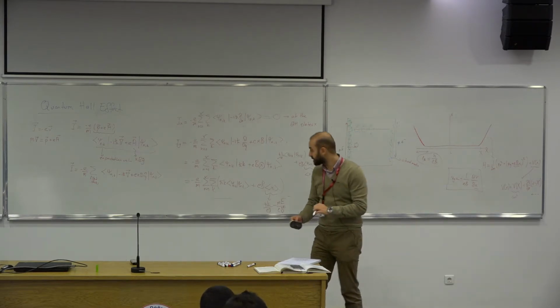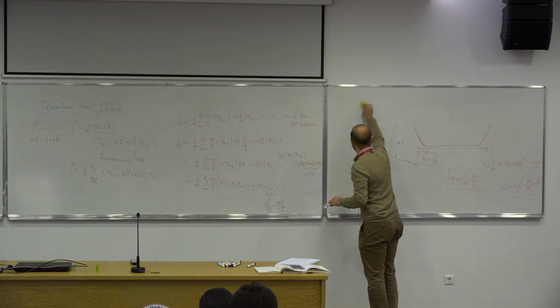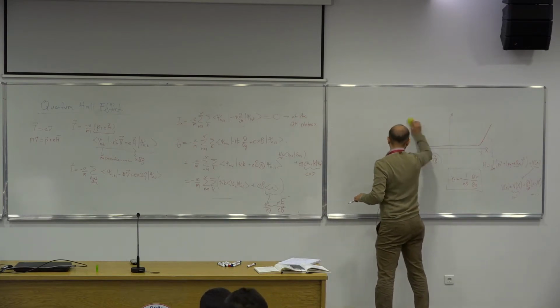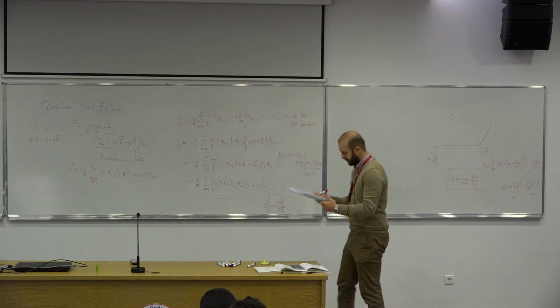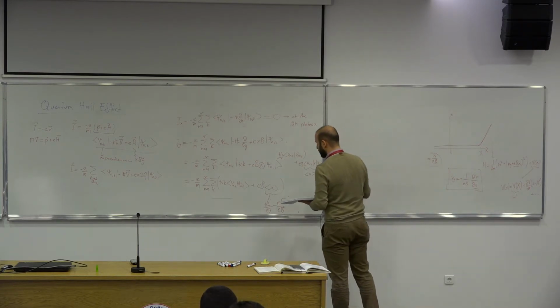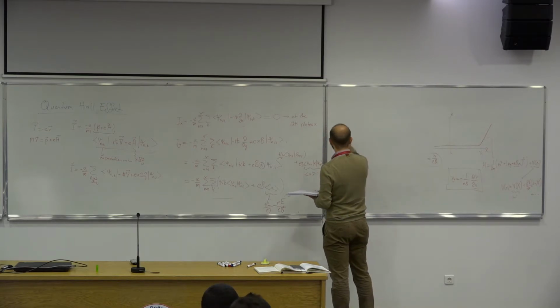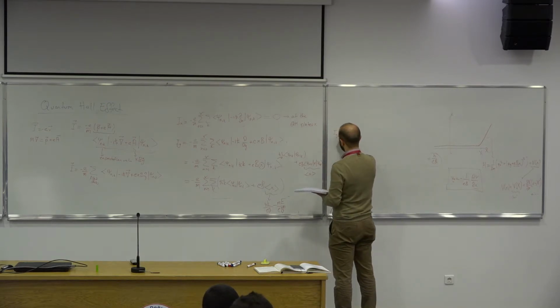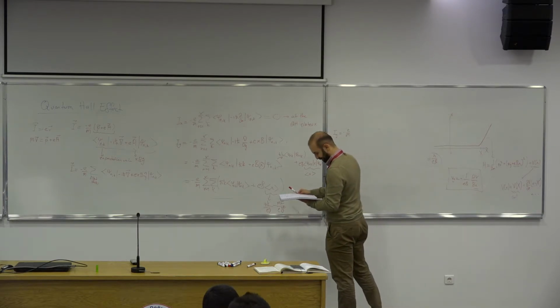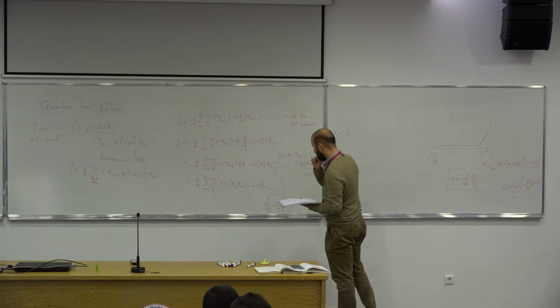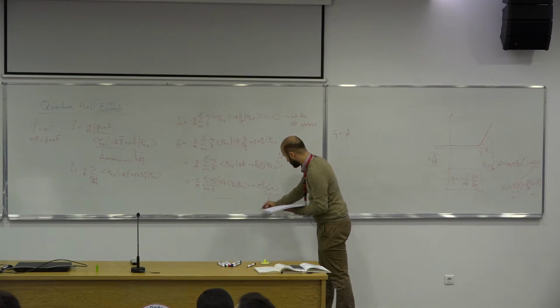So let me finish this before we give a break. I'll get rid of this part. Now finally what I'm going to have is something like this. I_y is minus e over m. Let's see, I think I forgot a minus sign here.